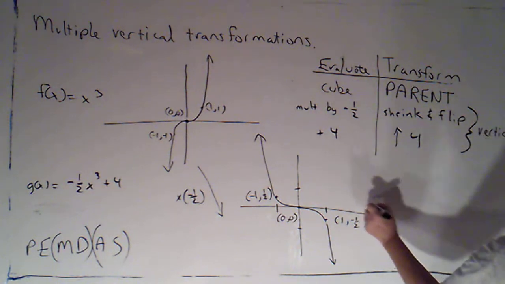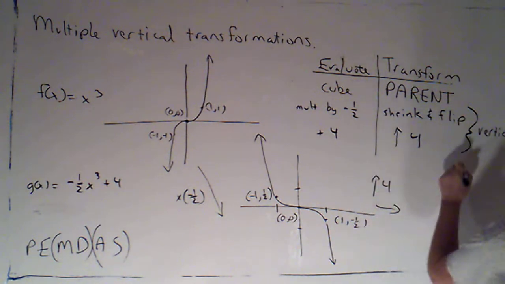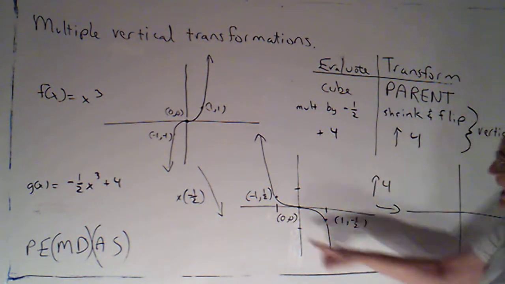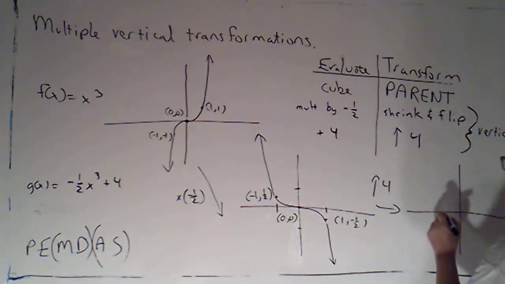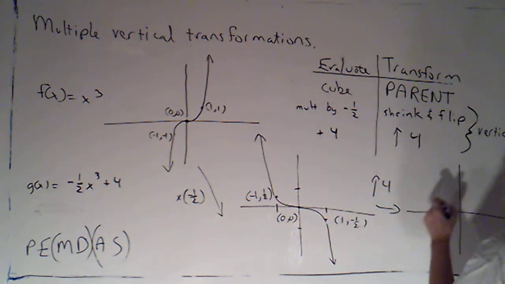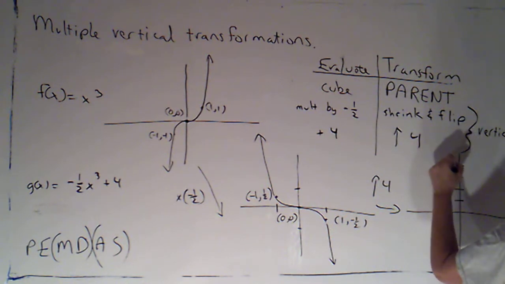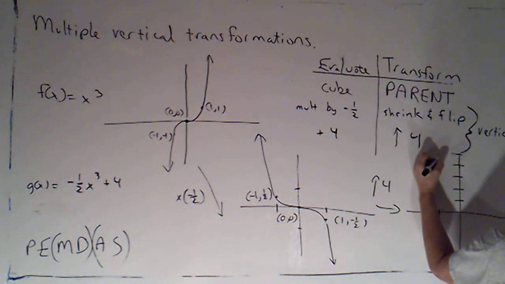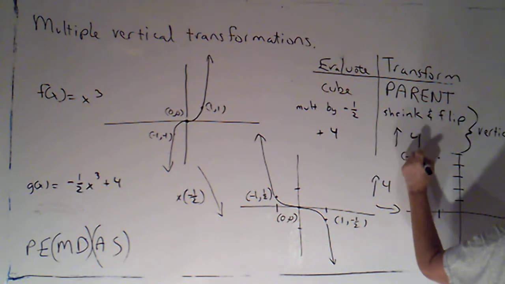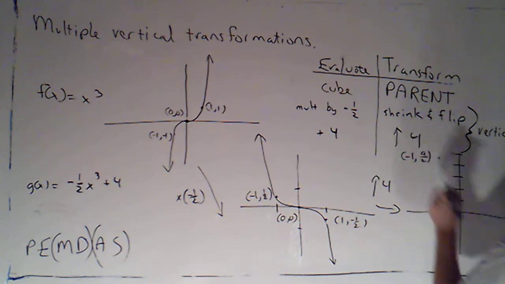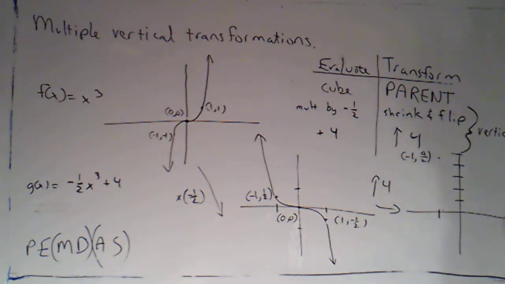Now I'm going to shift things up 4. So that's just going to be accomplished by adding 4 to those y values. So at -1, keeping the x value the same, we were at 1/2, now we're going to be at 4.5. I can write that as either a mixed number 4.5 or as an improper fraction of 9/2.